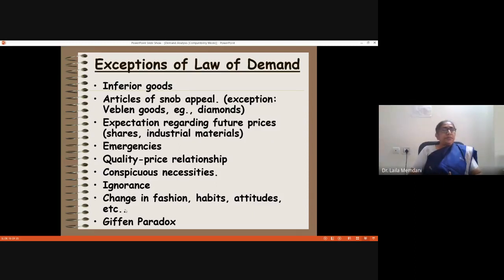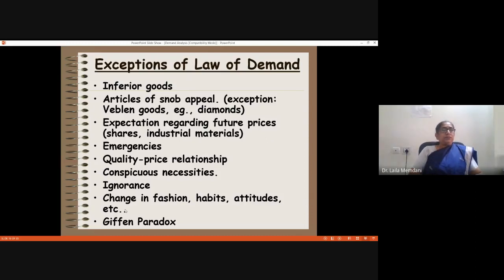Like sometime back in the months of September and October, when India had the peak of COVID, one of the medicines for treatment of COVID, the cost of which was some 5,000 rupees, was being sold for 35,000 to 40,000 rupees. People were buying in the black market at a higher price because the demand was high and it was an emergency situation.